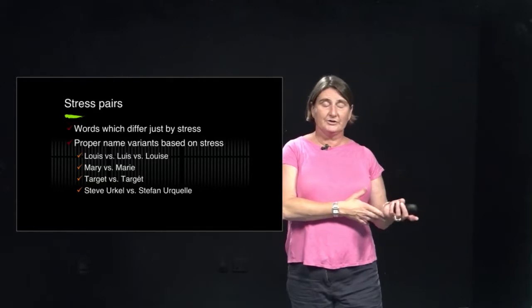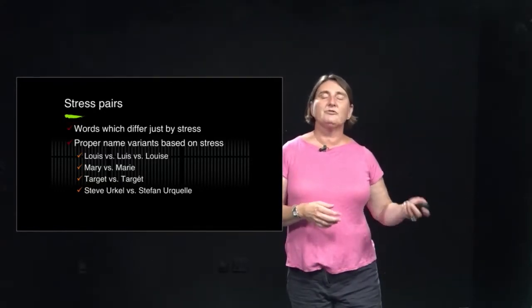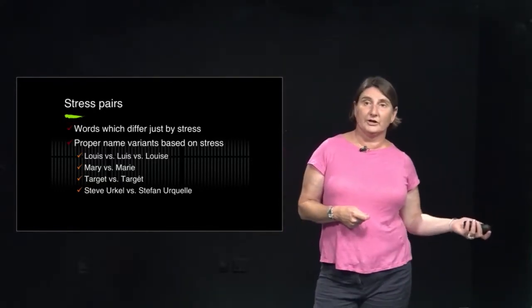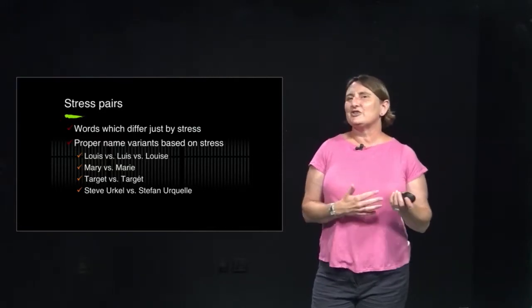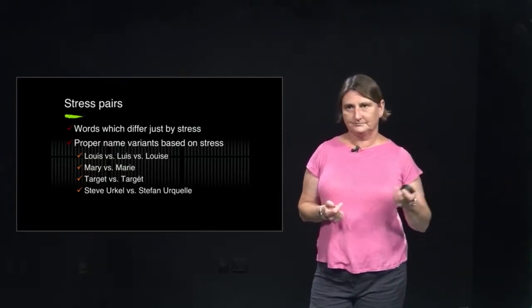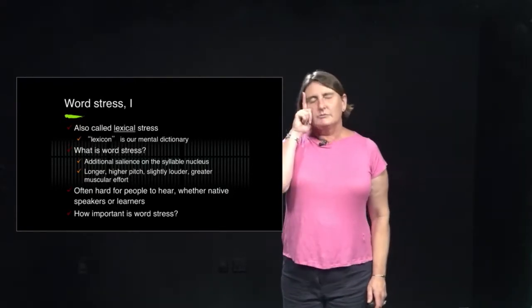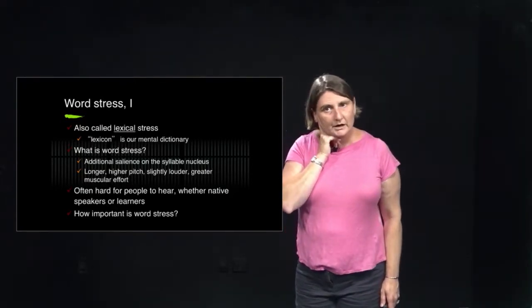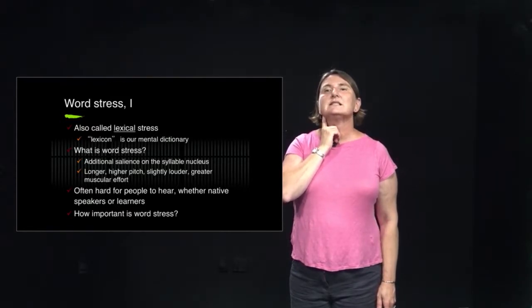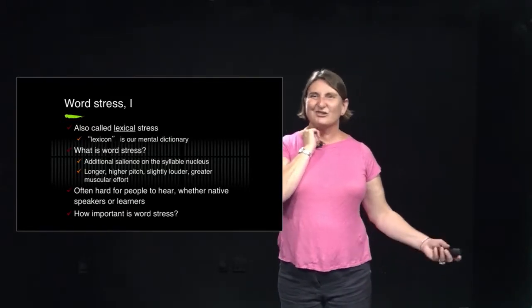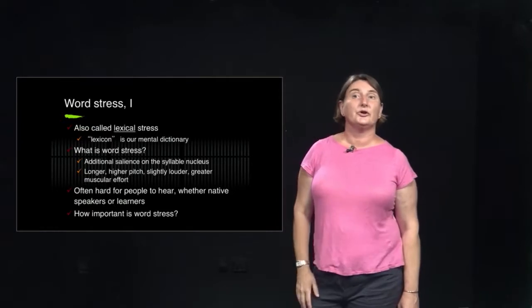So when we shift the stress, it could be for a female version, a version of a name from a different country, or to make it kind of Frenchified and sound fancier. Okay. So I'm just trying to give you examples where, seeing the differences in stress, you can relate those differences to things that you have heard in your life.